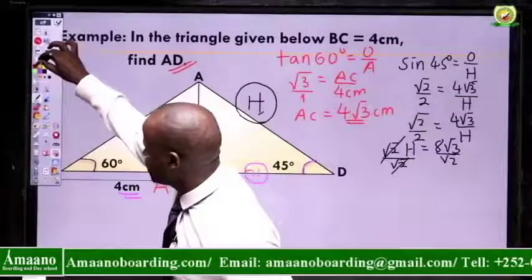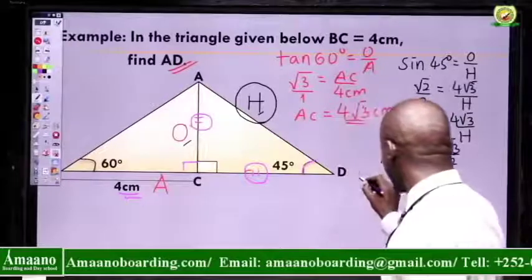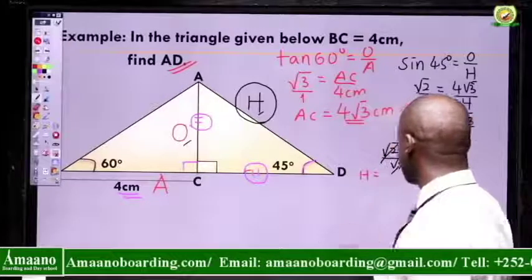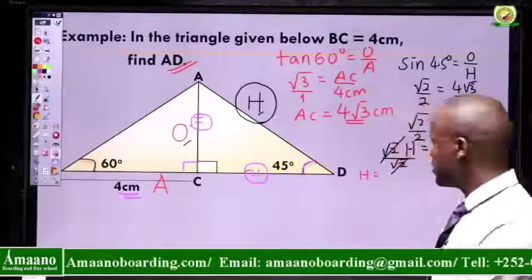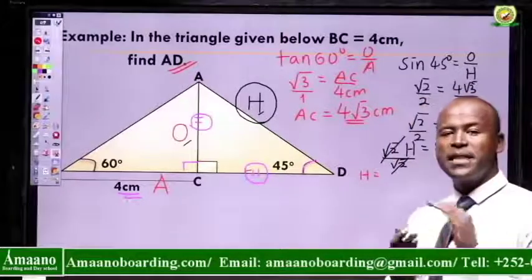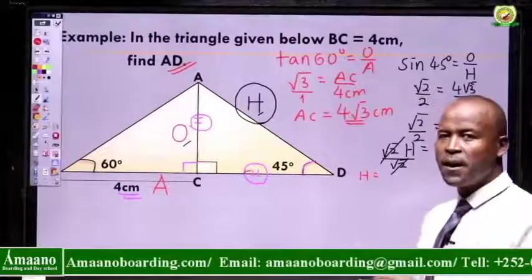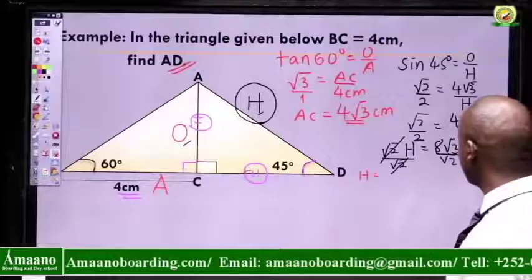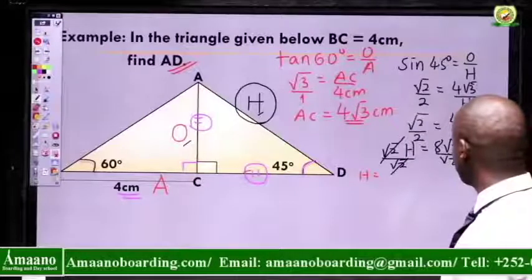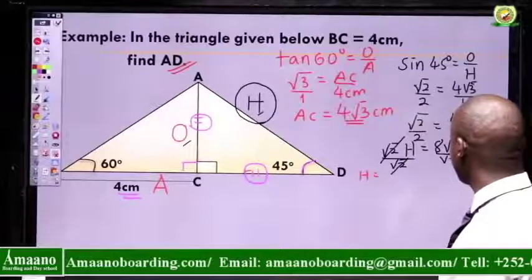So h is equal to, as we did, you can rationalize the denominator here. Rationalizing the denominator means multiplying the numerator and the denominator by the same irrational number. The irrational number here is radical 2, so we multiply by the square root of 2.